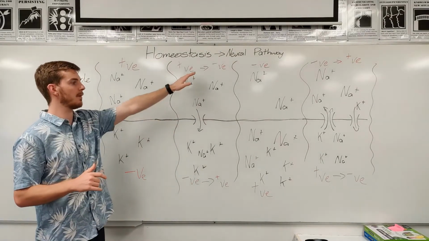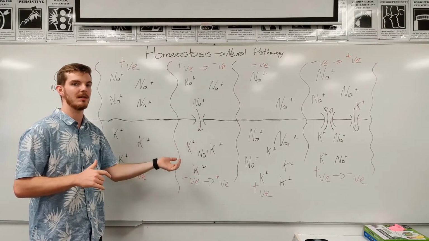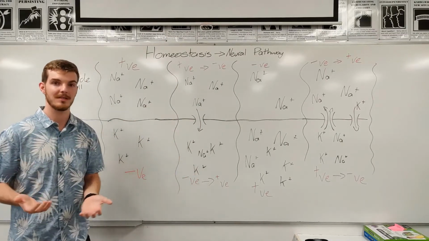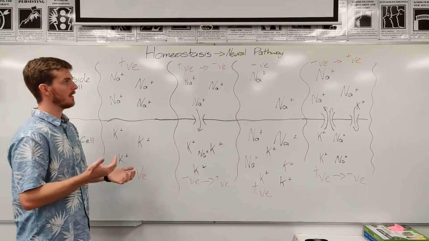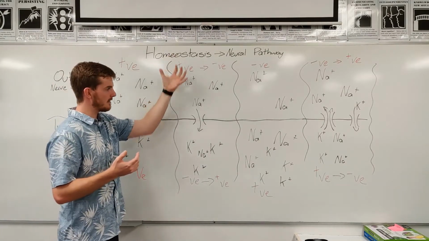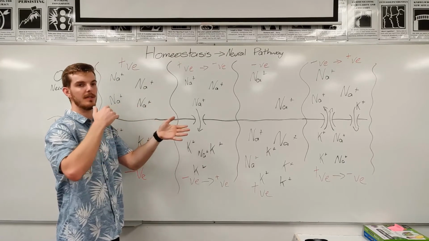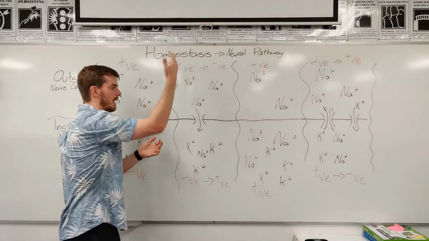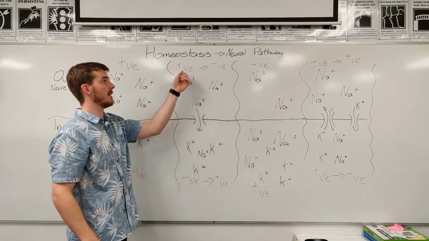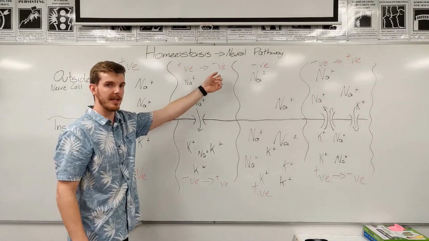Now, because this is positive and this is negative, it's going down its concentration gradient, which is exactly what it wants to do. So as this opens up because of the signal from the other nerve, sodium floods through, changing it from a negative charge to a positive charge.